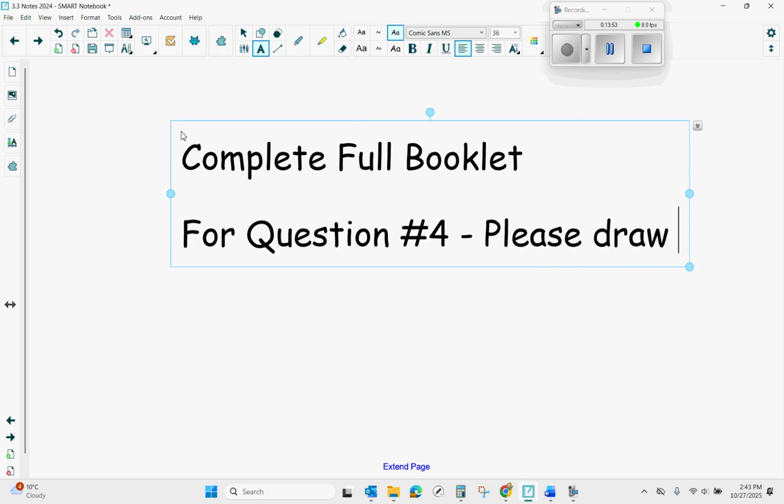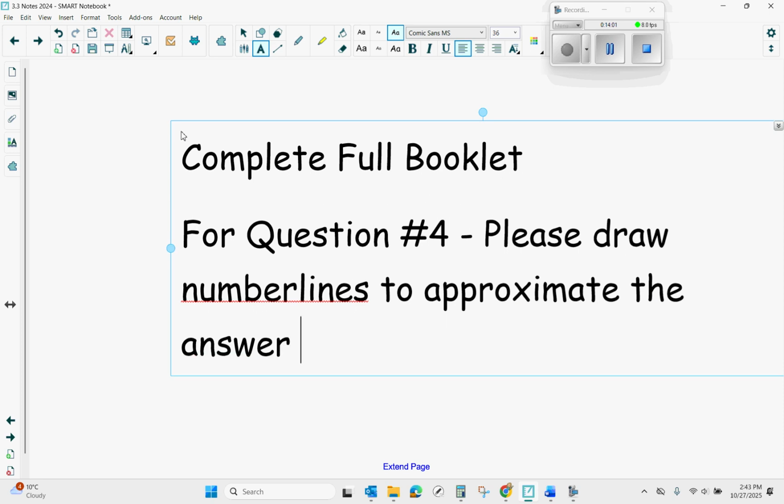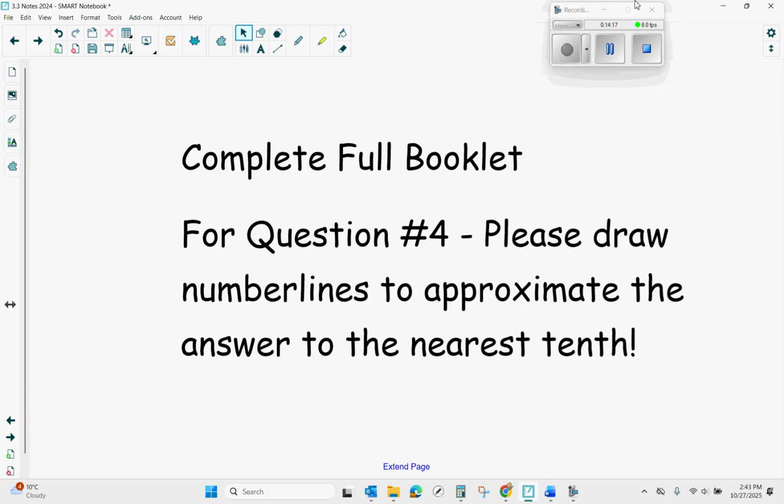It's the only one that you have to draw number lines to approximate the answer to the nearest tenth. There are little tiny blanks at the bottom where you can draw number lines. It's the only question like that. Great. Happy practicing.